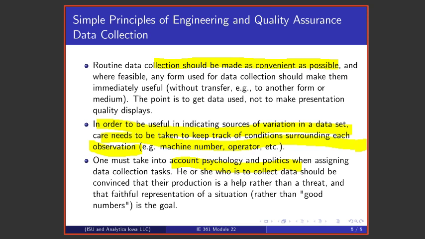One needs to understand that what's needed is a faithful representation of a situation rather than quote unquote good numbers, and one has to believe that good numbers will not be used in ways that are personally detrimental to the people doing the data collection.